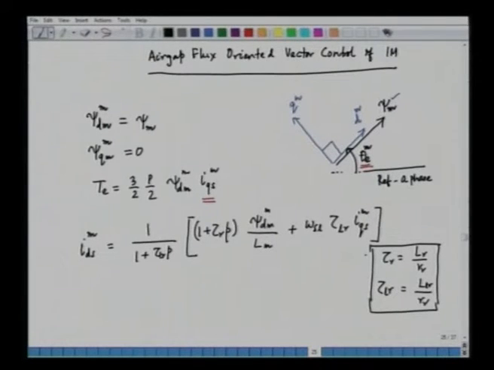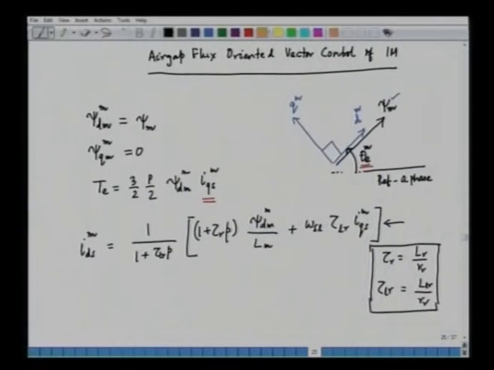So, if we see this equation, suppose we would like to keep psi dm constant, if you want to keep this flux constant, and we can change the torque by changing the torque component of current.